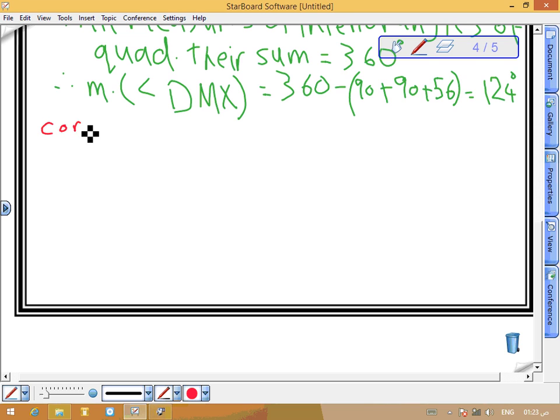Construction. Draw MA as a radius equals 5 centimeter.